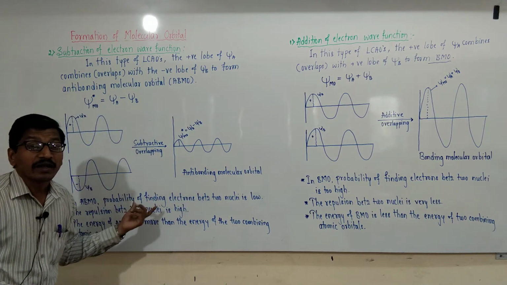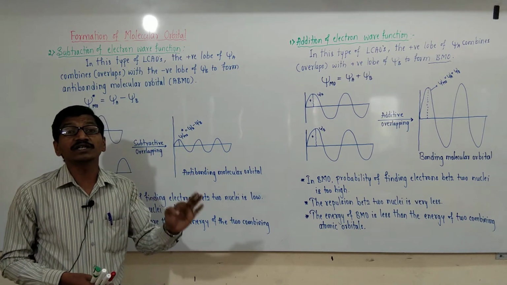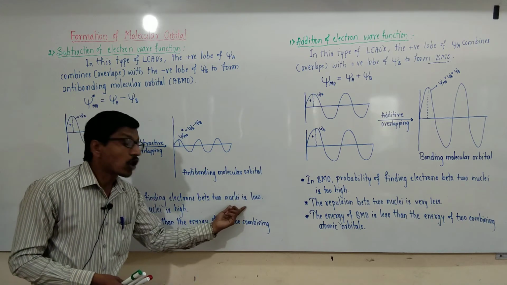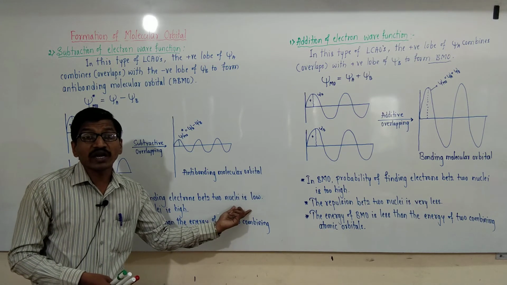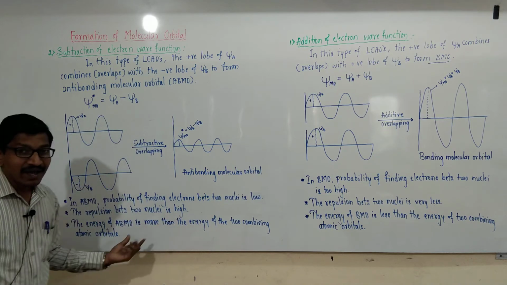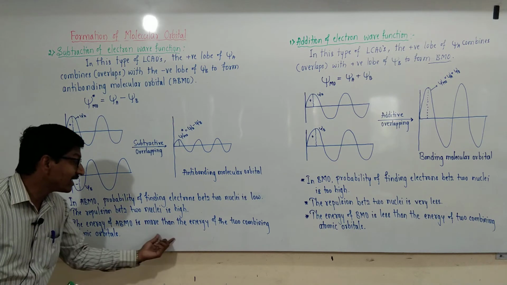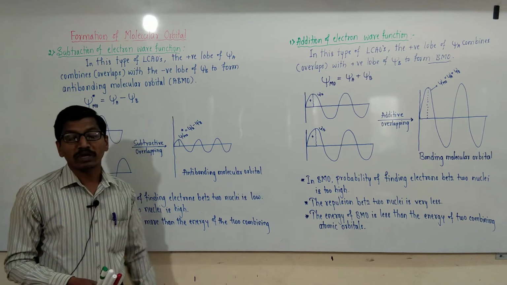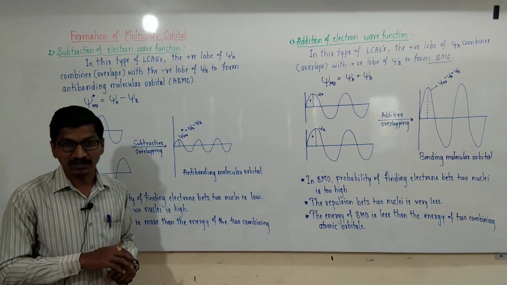In an antibonding molecular orbital, the probability of finding electrons between the two nuclei is very low, the electron density is low, meaning repulsion is high, and the energy of the antibonding molecular orbital is higher than that of the two combining atomic orbitals. This is about constructive and destructive interference.